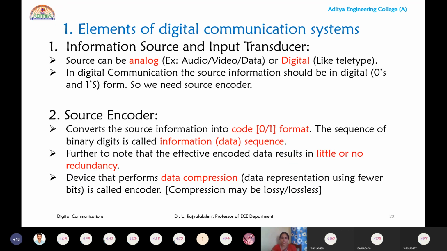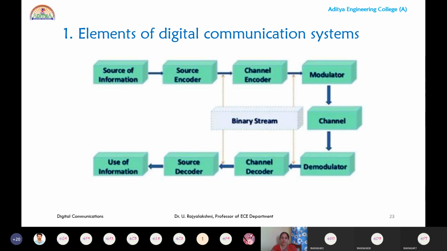So the source encoder performs two things: data compression, and it generates the binary sequence with little redundancy. Next, the channel encoder: its input is the output obtained from the source encoder, which is a binary sequence.